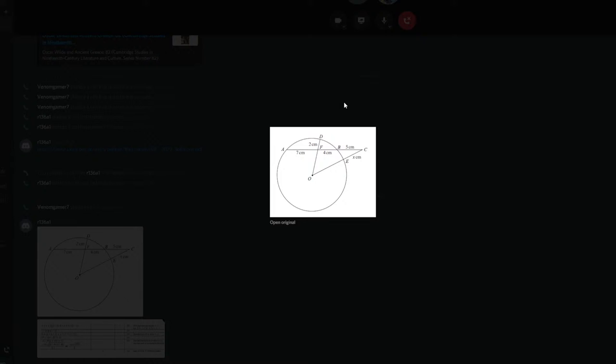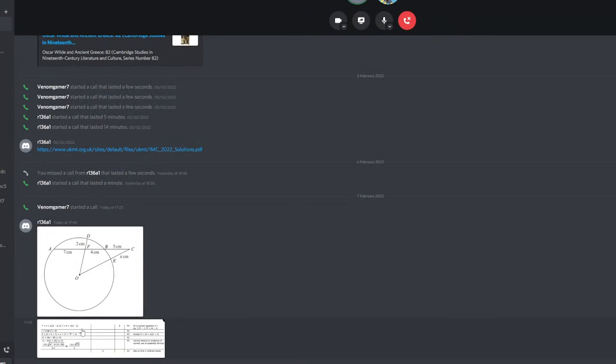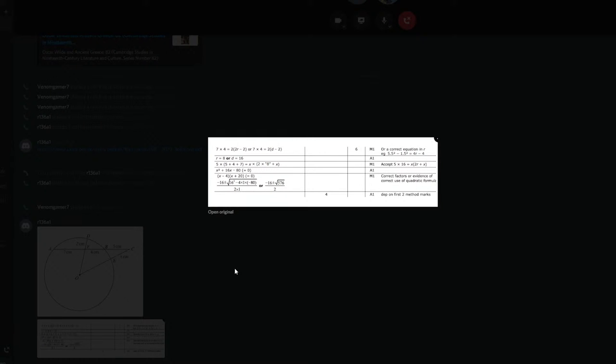A point on a circle. I thought the mark scheme is supposed to explain. It doesn't explain anything. This question is ridiculous. How do you know 7 times 4 equals 2?